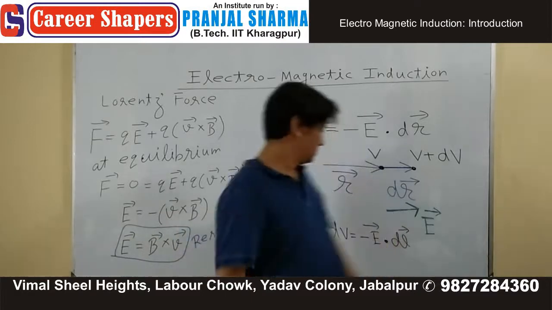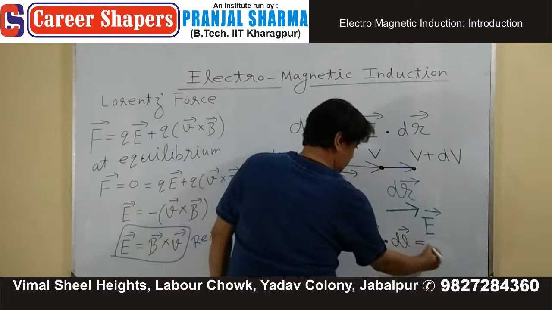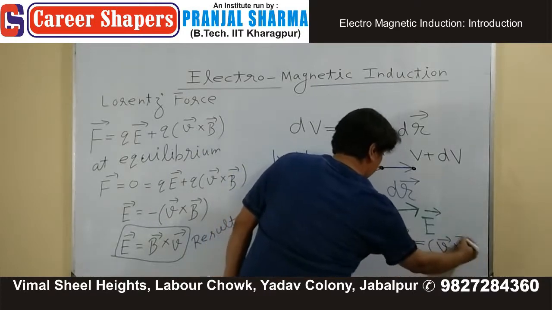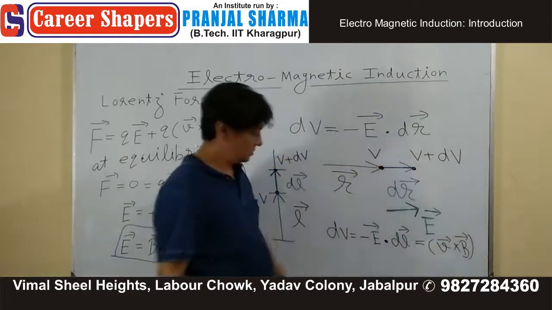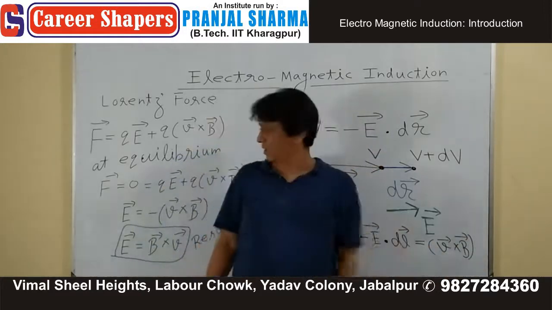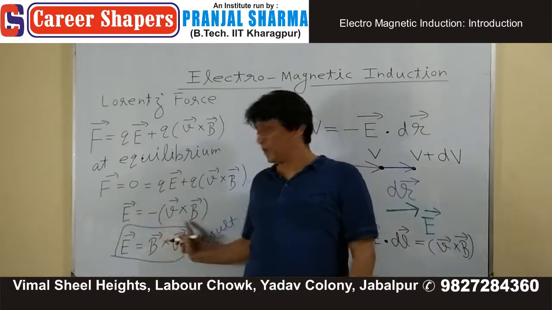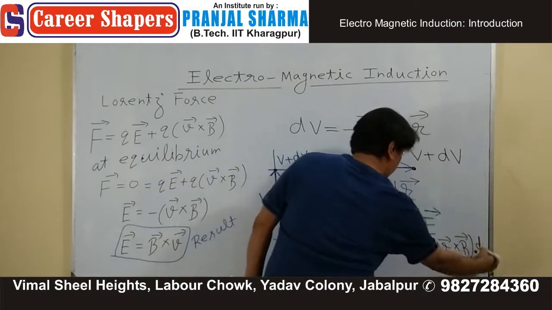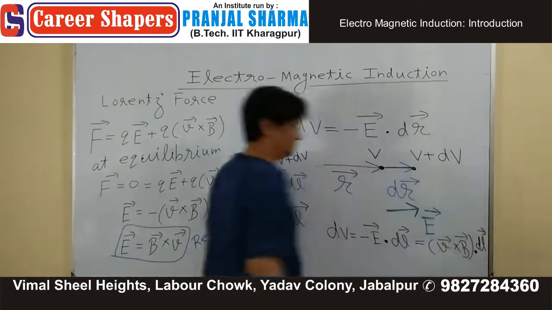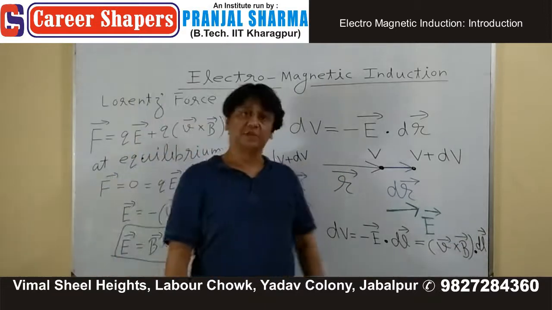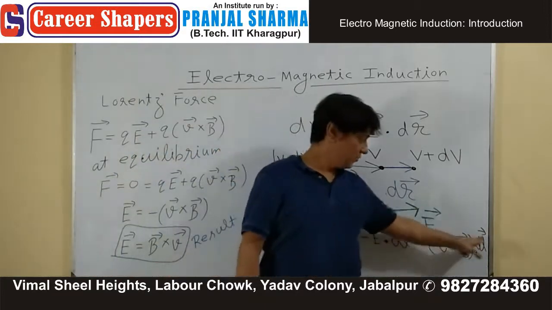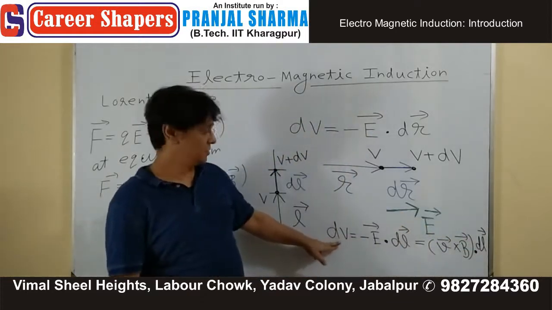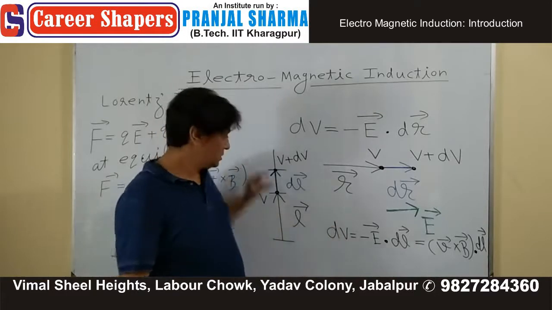V cross B. So minus of E is V cross B dot dl. This is the vector form of induced EMF. This is what we have for a small element.